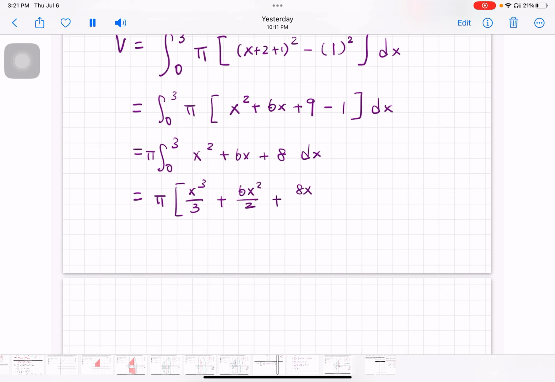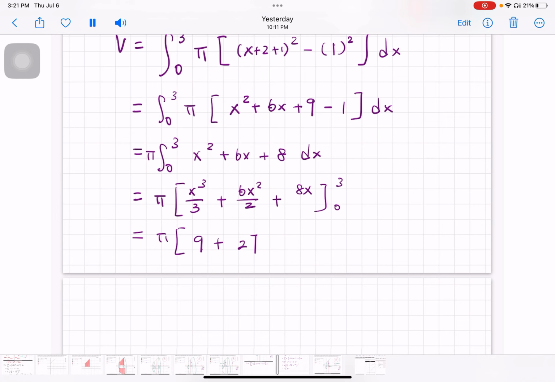We got x cubed over 3 plus 6x squared over 2 plus 8x. Evaluating from 0 to 3, where 6 over 2 is 3. So x cubed is 3 cubed, which is 27. 27 divided by 3 is 9. 6 over 2 is 3 times 9 is 27. 8 times 3 is 24. Minus 0, because 0 times everything is always going to be 0. So we end up with 60 pi.